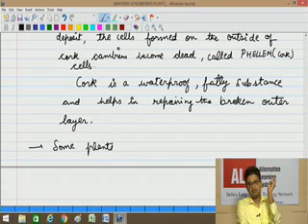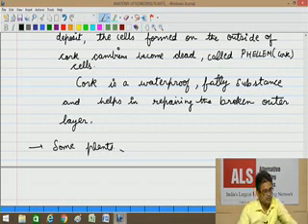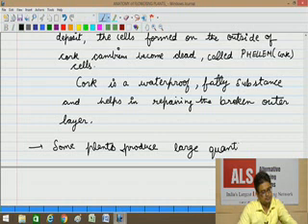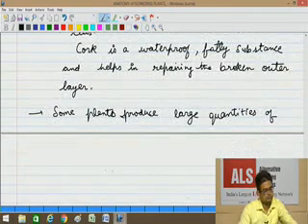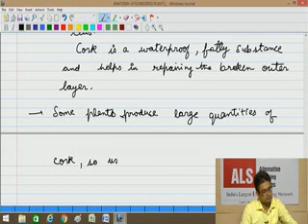Neem tree, eucalyptus tree, every tree forms cork, but some trees form large quantities of cork, which can be used commercially, economically useful.